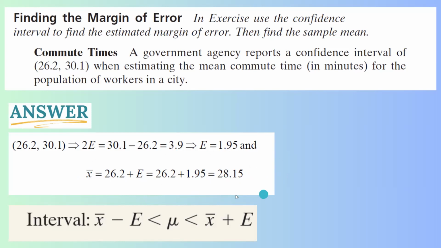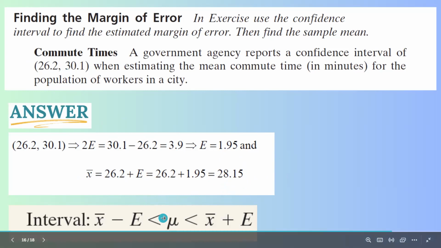So the sample has an average of 28.15 minutes. Lower bound is 26.2, and upper bound is 30.1 minutes for the population.